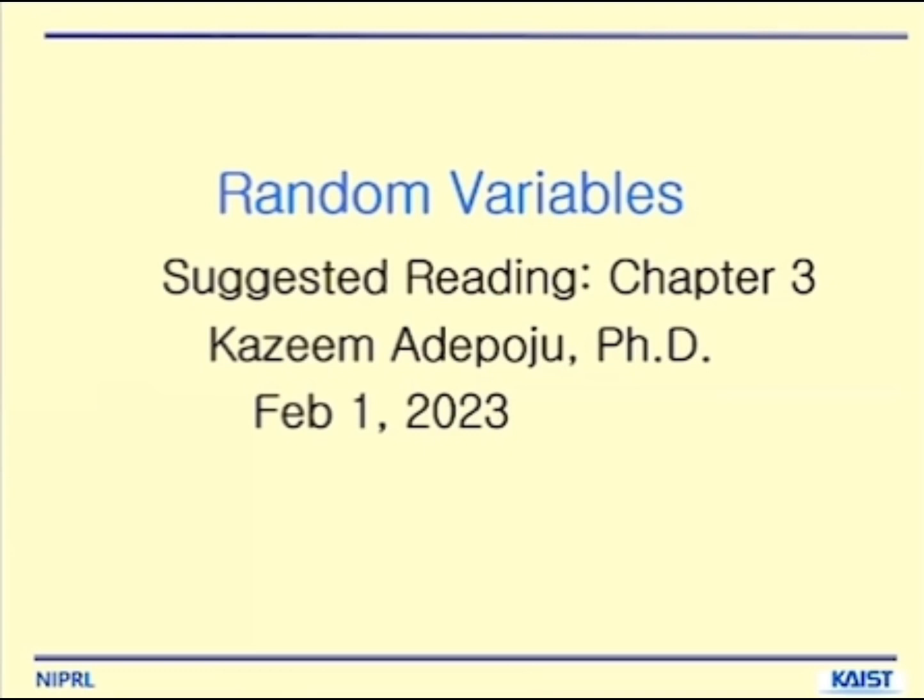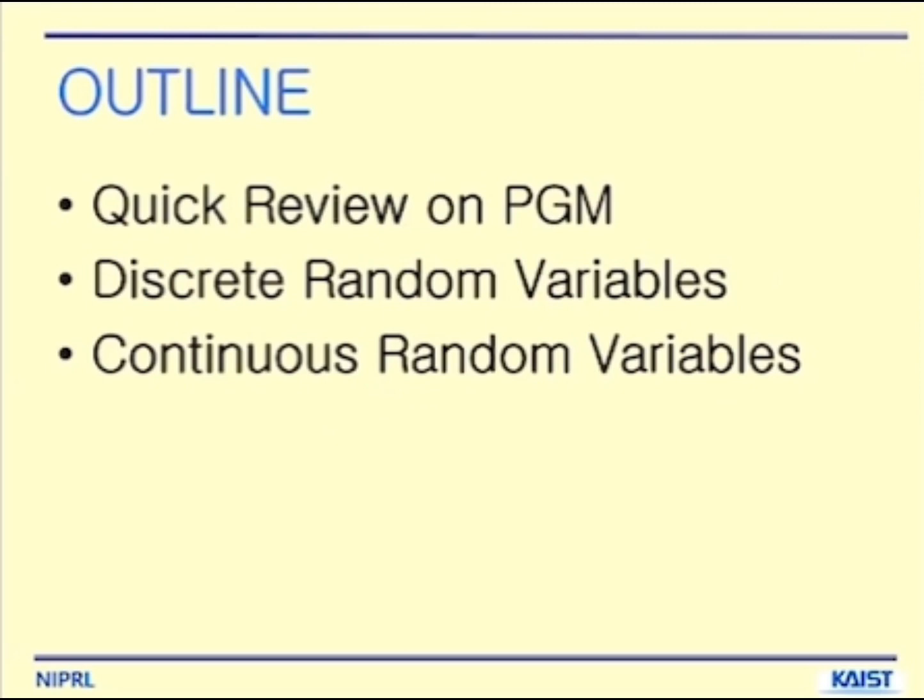We are starting a new topic today, which we call random variables. This topic will also take us into next week, where we're going to talk about it further. In the outline, I'm going to have a quick review on PGM. I hope you watched the video on PGM.